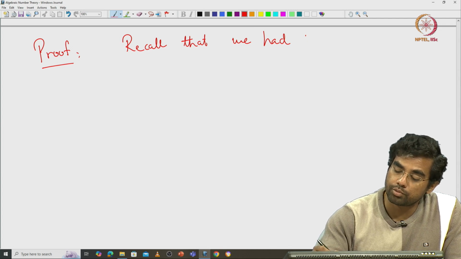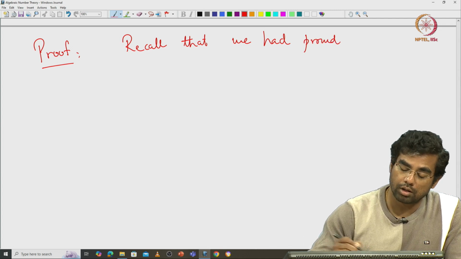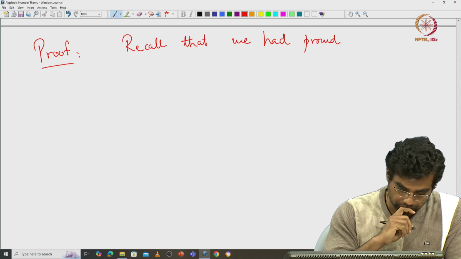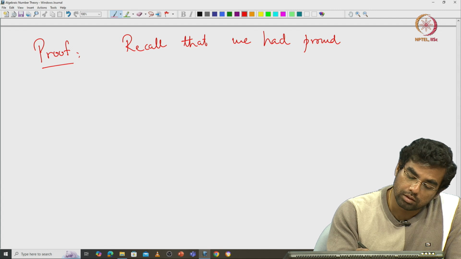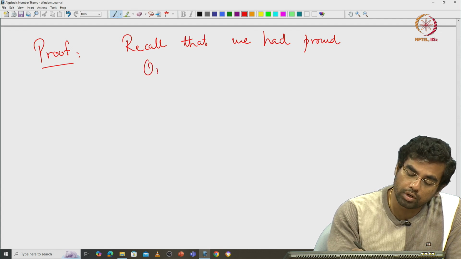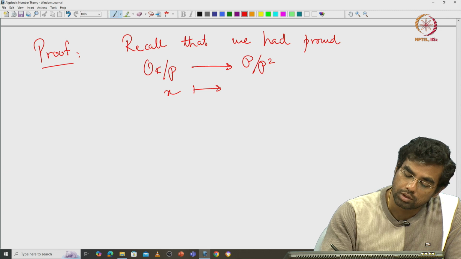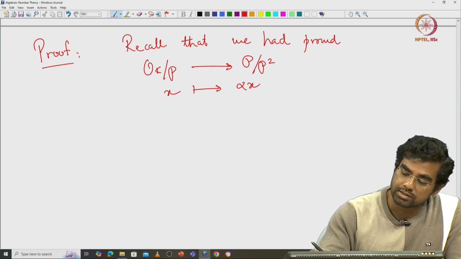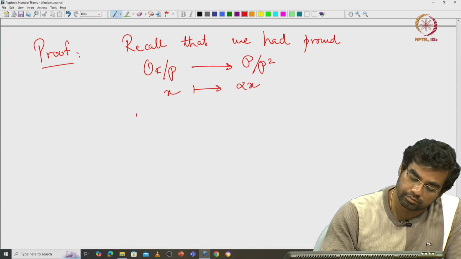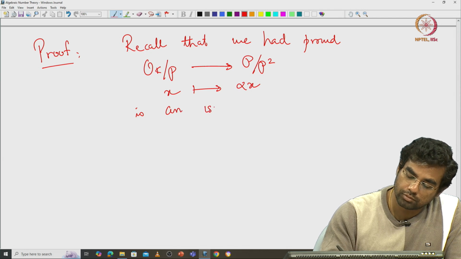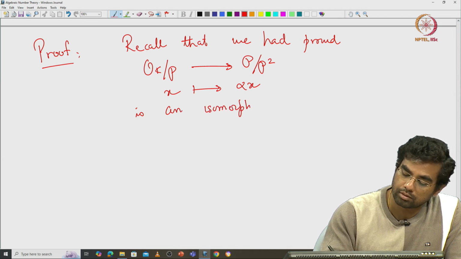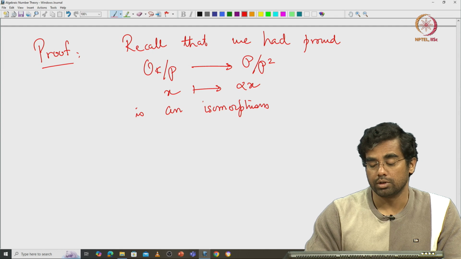Recall that we had proved that the map O_K modulo P to P modulo P squared, where x goes to alpha x, is an isomorphism of groups, of additive groups.